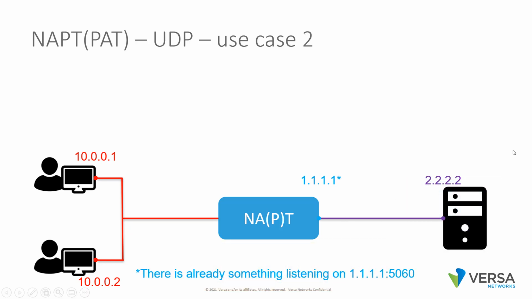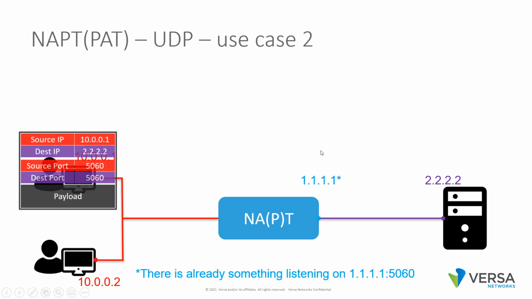Now, let's review another use case. Again according to the RFC, but what if this NAT device actually has some service which is listening on port 5060? How will the translation happen in this case?